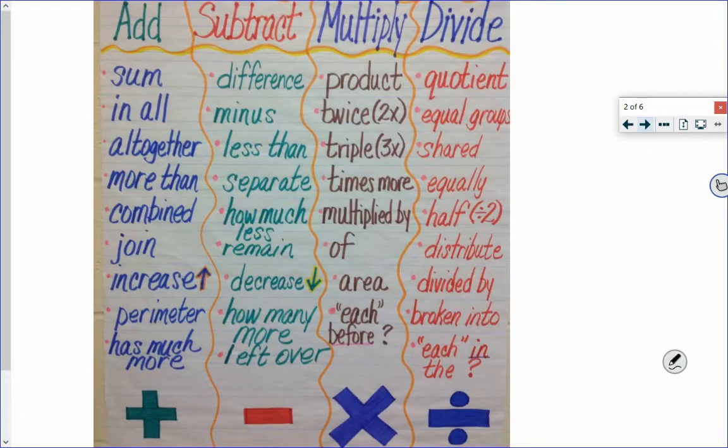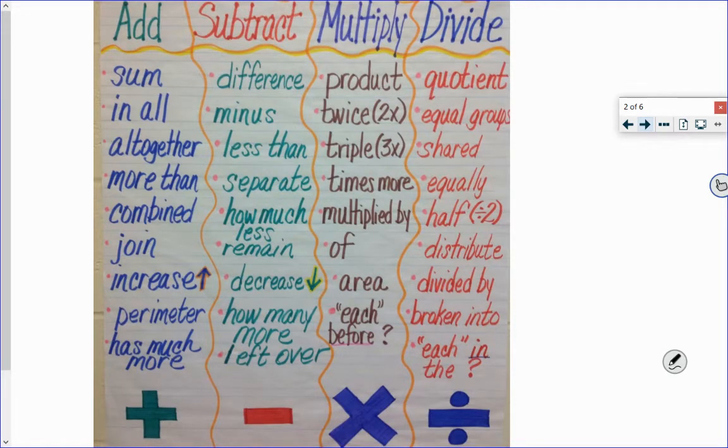Now I mentioned keywords. In this particular slide, we have many keywords under adding, subtracting, multiplying, and dividing. These words are not all of the words that you will find in word problems. And sometimes a word problem doesn't have hardly any of these words, or maybe none of these words, and we still have to figure out what to do.